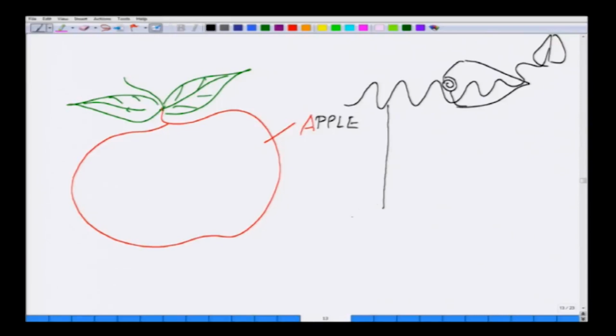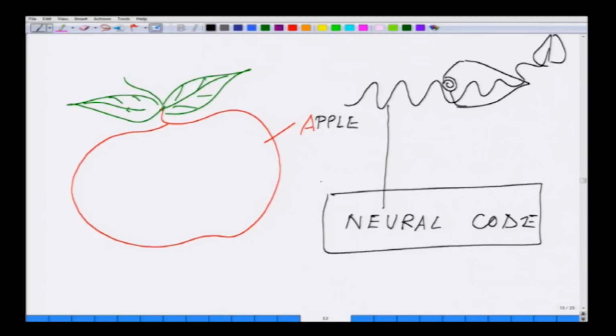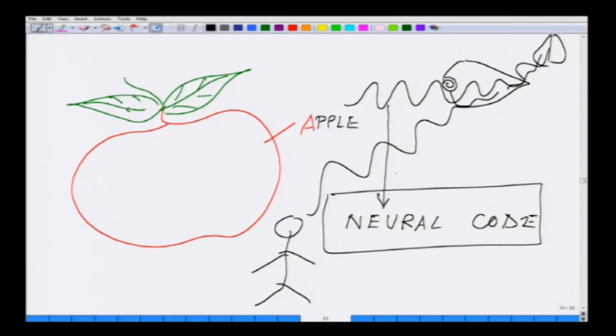This is where our neural code lies. What makes you know that this is an apple, not an orange, or this is an apple, not a human being? Both of them have one commonality. They are all driven by the electrical impulses which are sent to the brain. That is why this whole field of bioelectricity of the animal system is so interesting, that these small ionic fluxes ensure who we are and what we are.